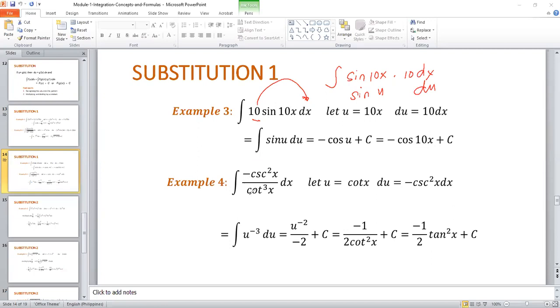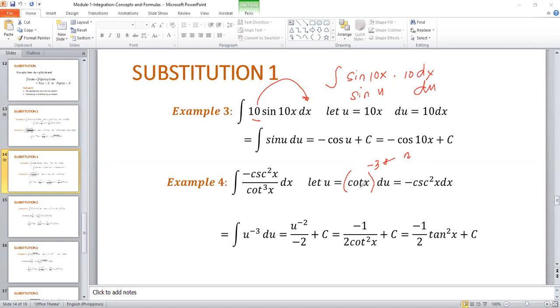This same is true with this. This cotangent x could be your u, and the negative 3 could be your n. What's the du? U is cotangent x. What's the du? It's negative cosecant squared x dx.